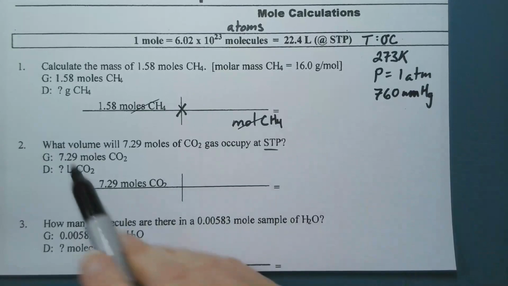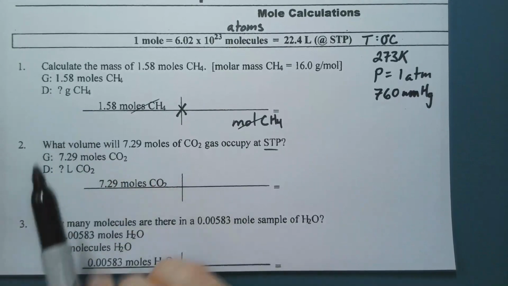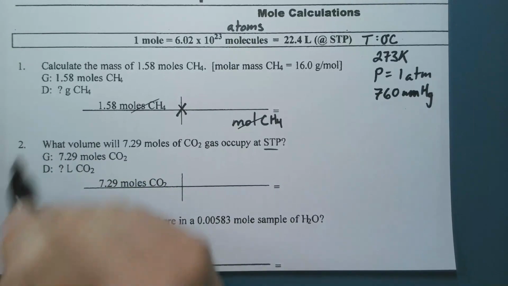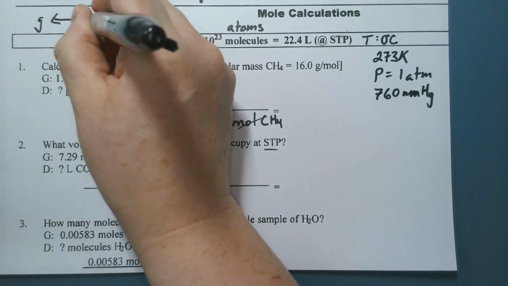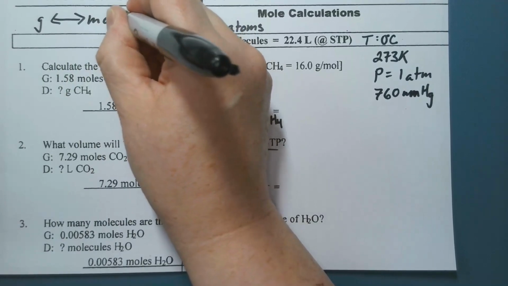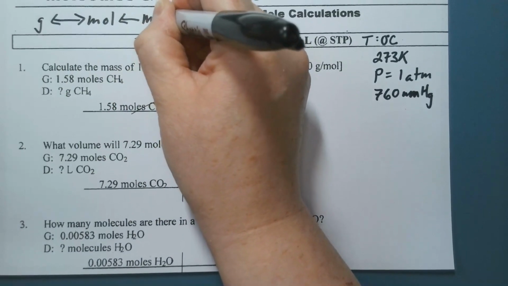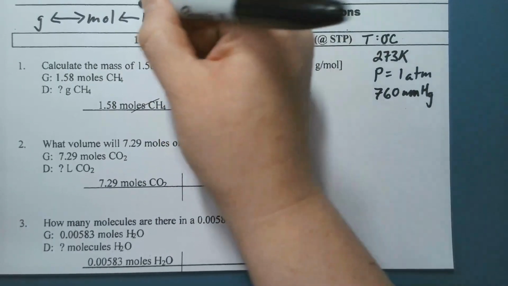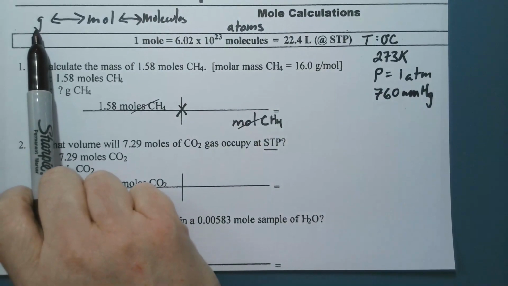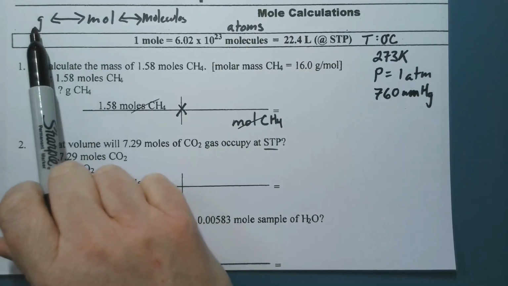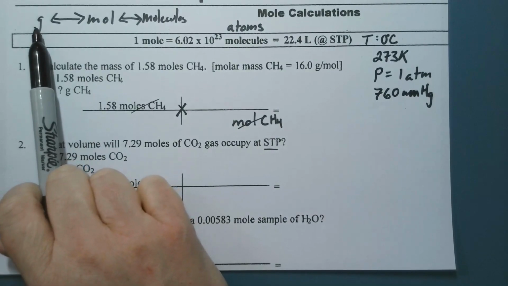Now, what do I want? I want grams. Oh, let's review the mole map. Okay, so the mole map is I can go from grams to moles or moles to grams in one step.